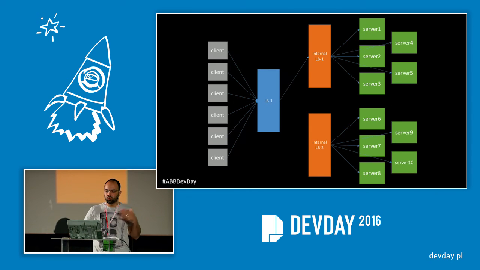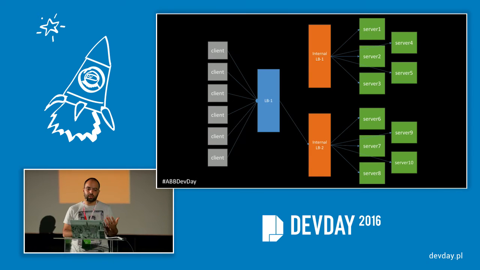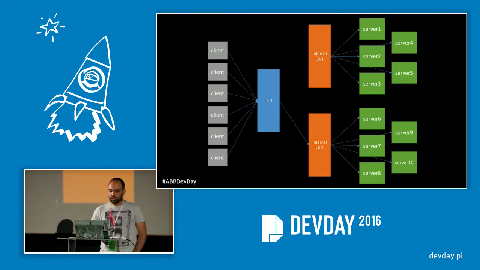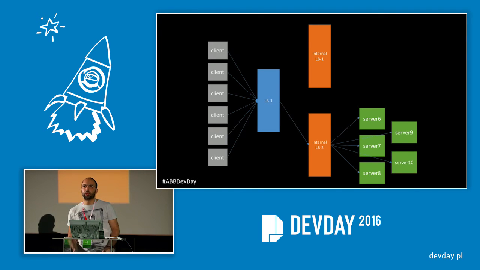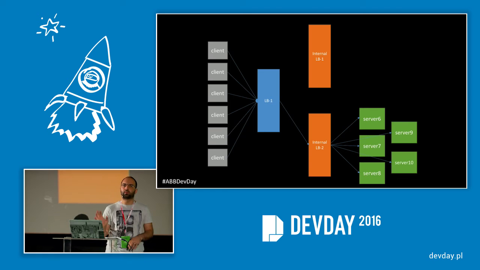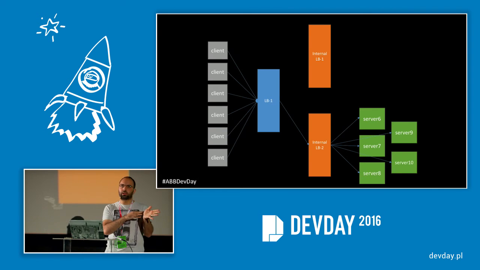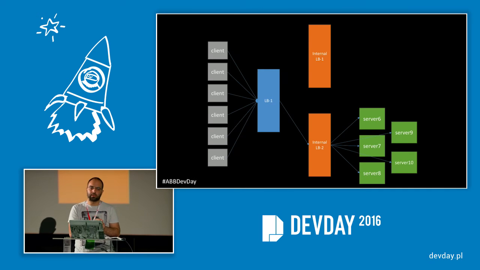So the second internal load balancer is now capable of balancing the load to those. And then we can do the swapping from the public load balancer, and it will drain the requests as well, and then it will cut the connection from the old instances. And now we can kill them because we don't need them anymore. And then you can do the reverse now, and deploy the changes on LB1, and then direct the load balancer to LB1 as well.